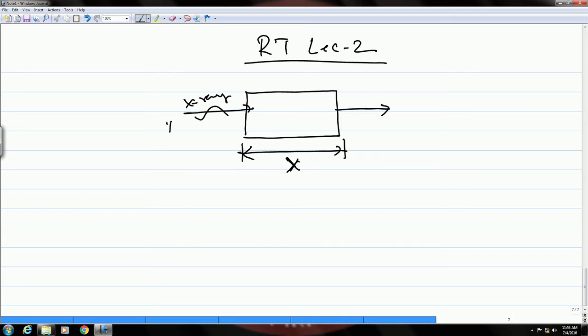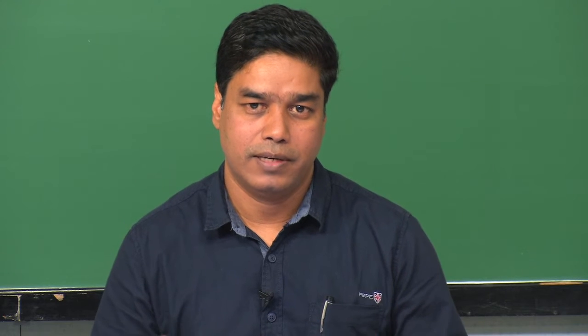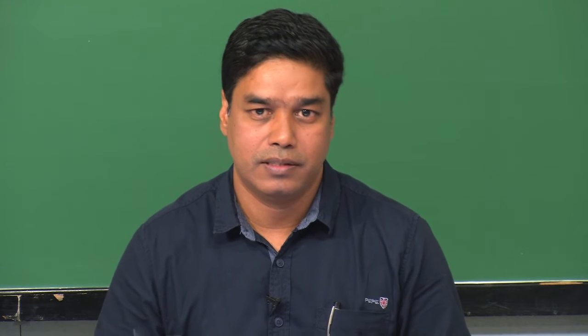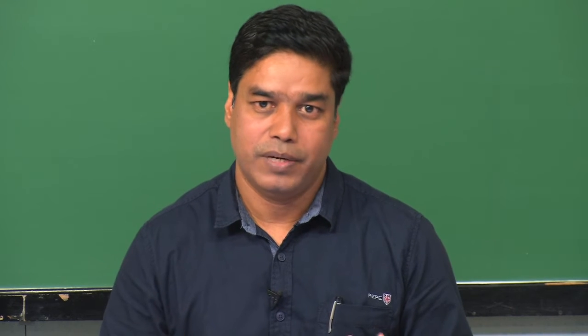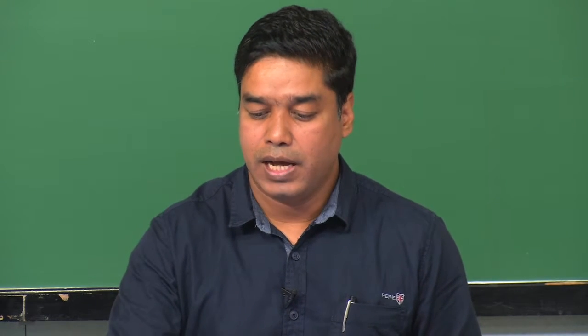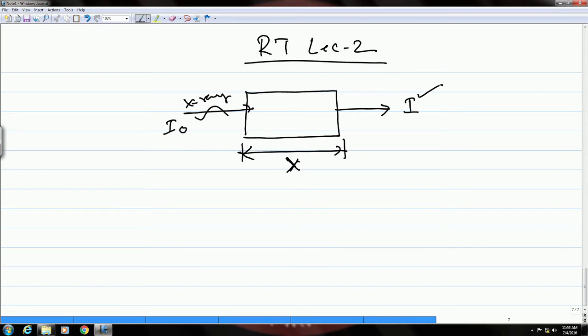This is the initial intensity I naught, and after traveling through this thickness, the intensity coming out from this substance is I. So, as I said, when X-rays travel through a substance, there will be some interaction between the X-rays and the matter, as a result of which some of the energy of the X-rays will be absorbed by the material. So, this I which comes out from the material will be lower than the initial intensity I naught.